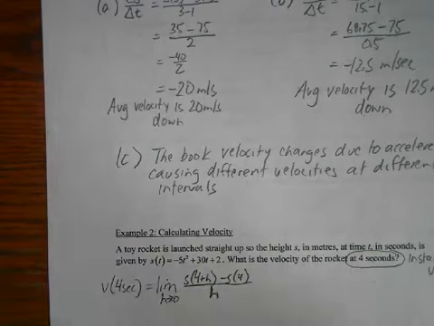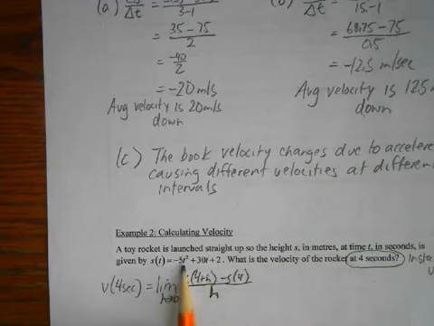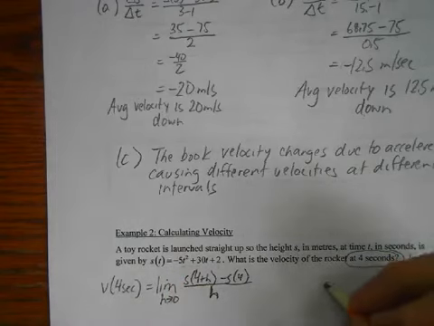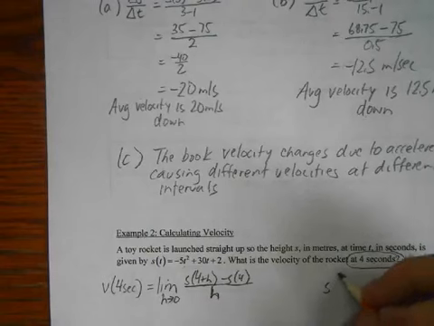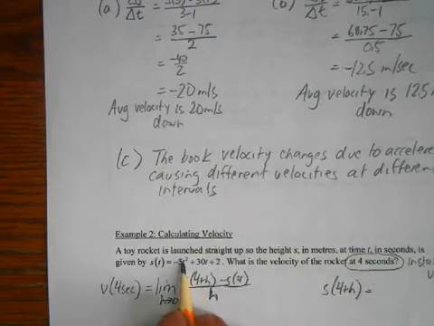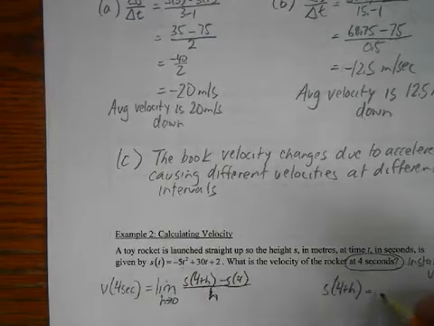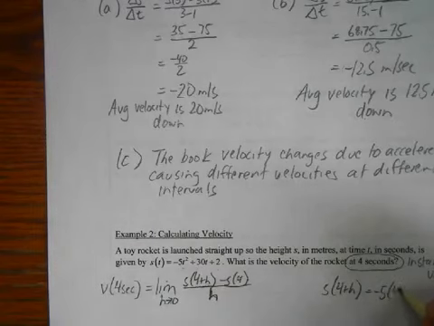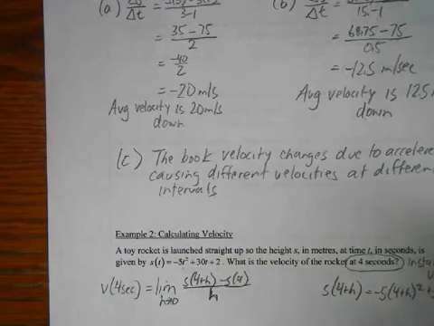Okay, so you can see s of 4 plus h is basically replacing t with 4 plus h. I'm going to calculate that over here in a side calculation. Everywhere we see a t, we change it to 4 plus h. So negative 5 times 4 plus h squared, plus 30 times 4 plus h, and then plus 2.